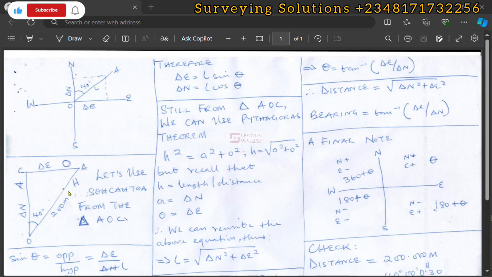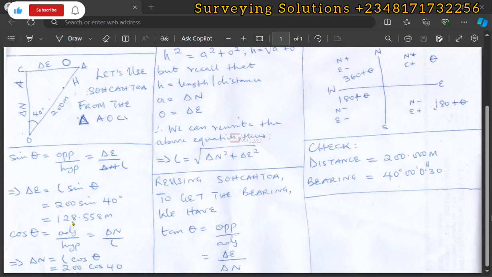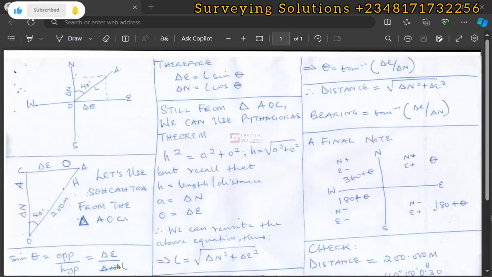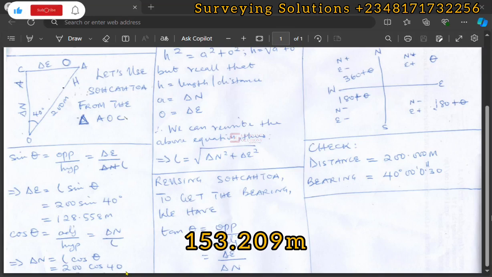So if we were given a distance of 200 meters and a bearing of 40 degrees to start with, and we got our delta easting to be 128.558, and our delta northing to be 153.209, right? Good.